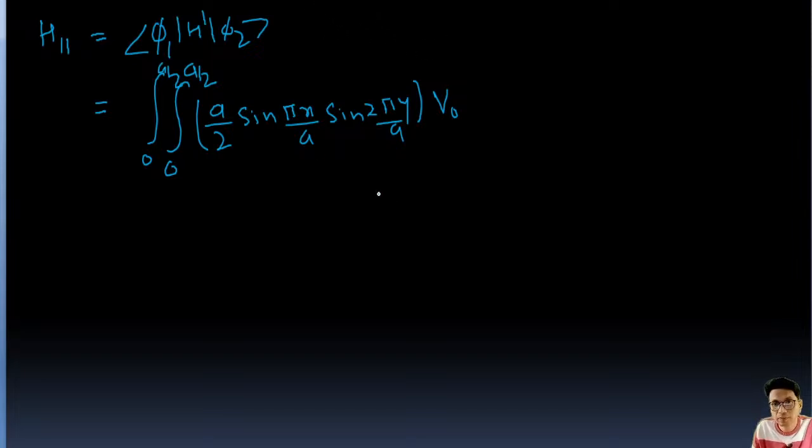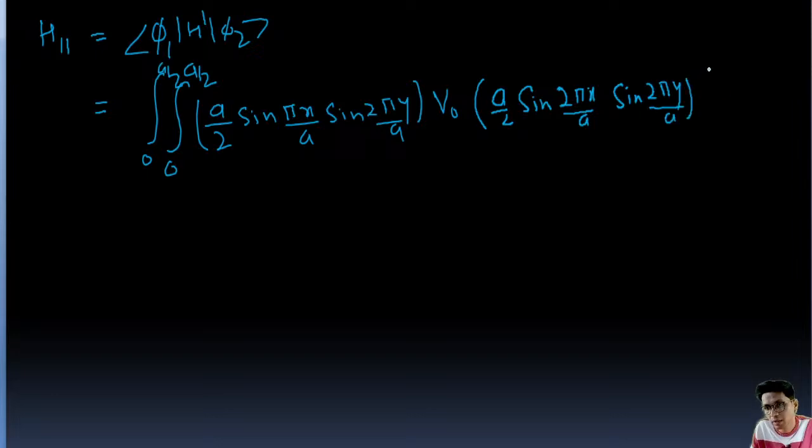This is V naught, and then we'll write the value of phi 2. This we know, a by 2 sine of 2 pi x upon a sine 2 pi y upon a dx dy.